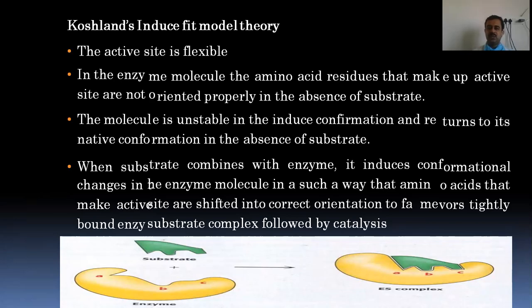It means that the molecules in the active site are not arranged in a proper way. Once the substrate binds, its orientation helps the amino acids of the active site configure themselves so that they bind in a very perfect manner.